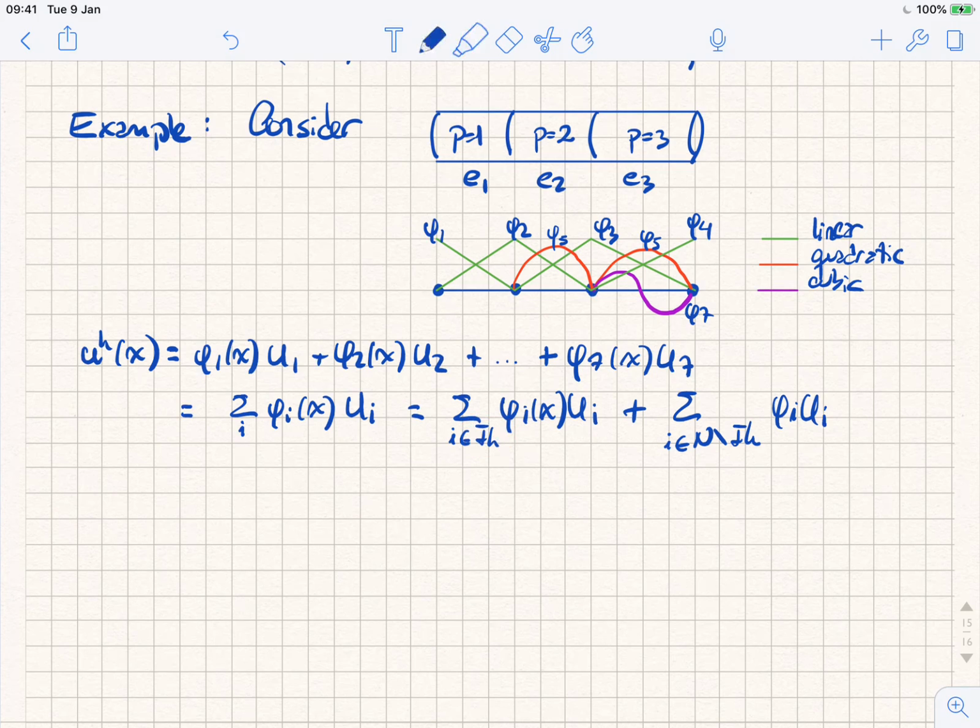So the first term is actually the linear part of your approximation, and this second term is basically containing every other nonlinear term.